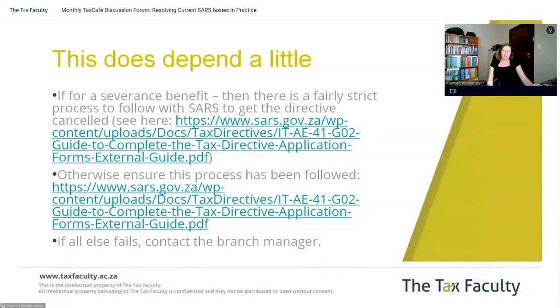And if your employer is a government institution, I can say good luck. I personally had a cousin who was a teacher, and she ended up having an error where, for whatever reason, her pension payout got recorded in one year of assessment and in another year of assessment. So she got double taxed. It was quite a mess to try and get it fixed, but that's where we are.